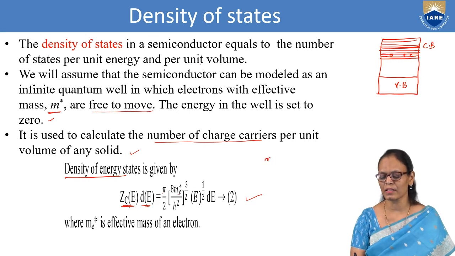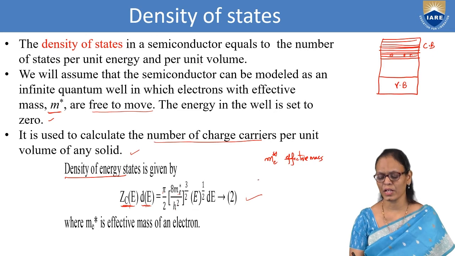Me star here is the effective mass of the electron. H is Planck's constant.